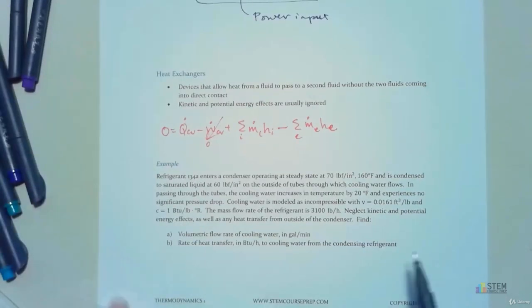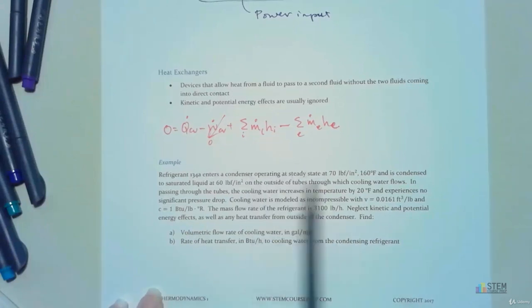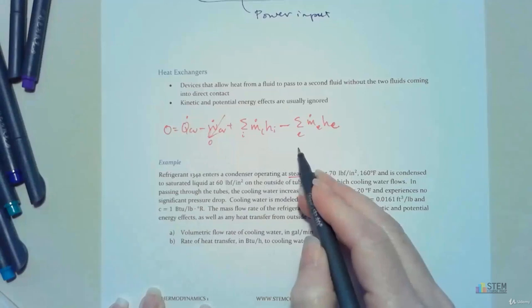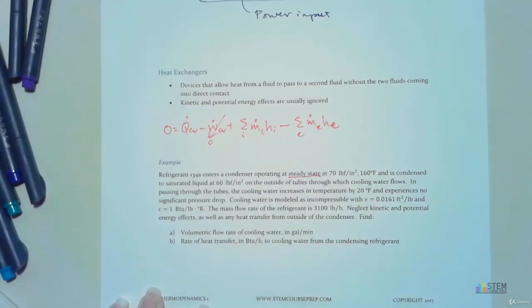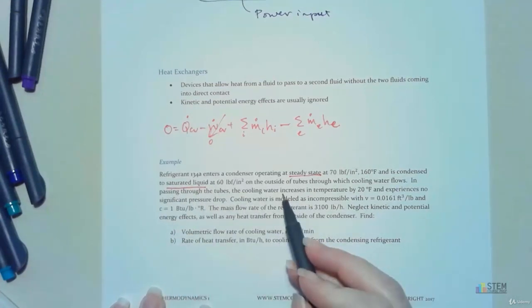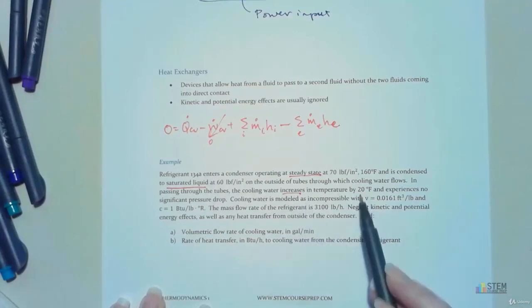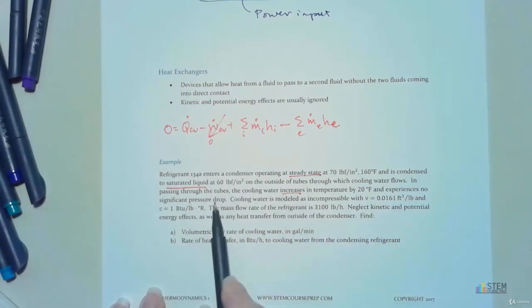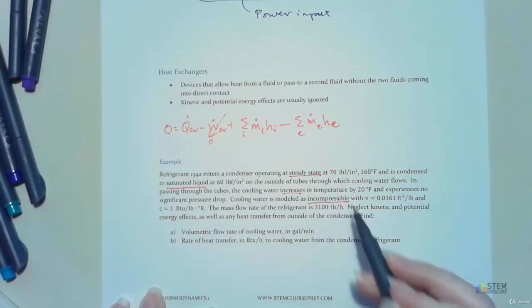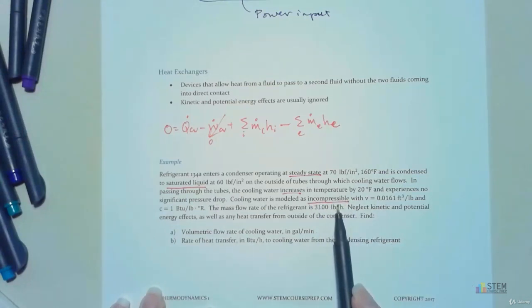Before we actually look at the picture, let's go ahead and look for our keywords here. We have steady state, which is good because this is what we had up here in this equation. We've got the refrigerant being condensed to saturated liquid, and our cooling water increases in temperature by 20 degrees. No significant pressure drop. The cooling water is modeled as incompressible.